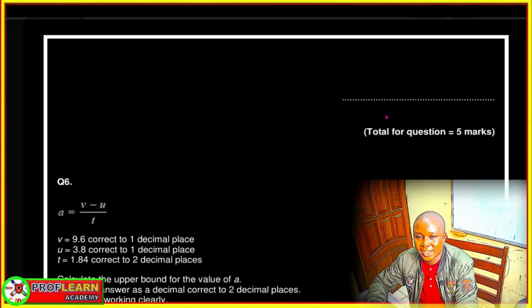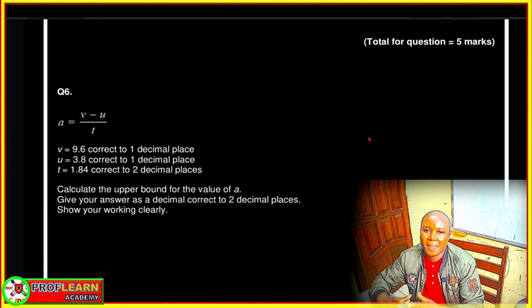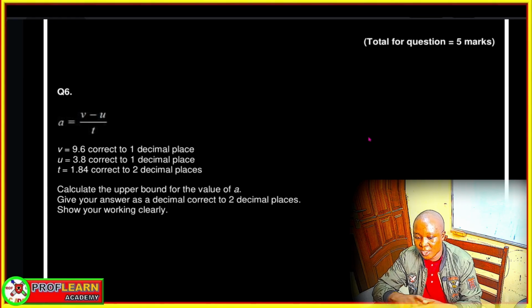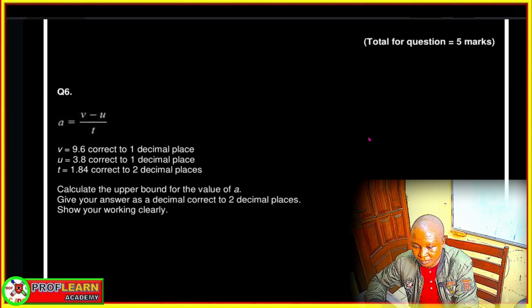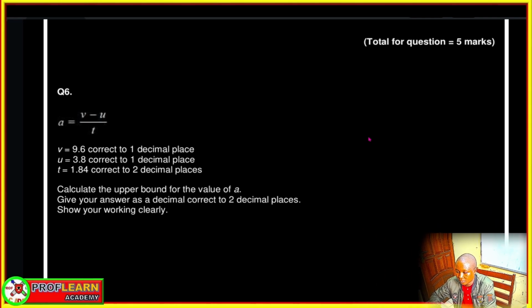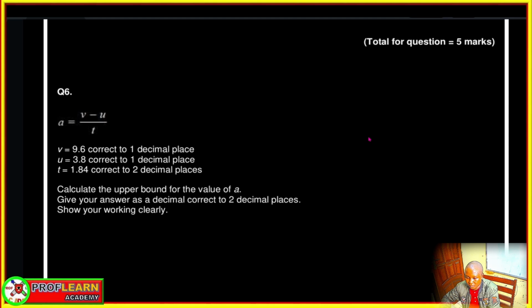Another question that you must be tested on is finding the upper and lower bound whenever you are given a formula. Whenever you are given a formula and you are supposed to find the upper bound, you can see here we are given a equals v minus u over t.